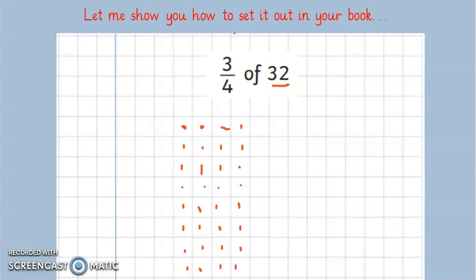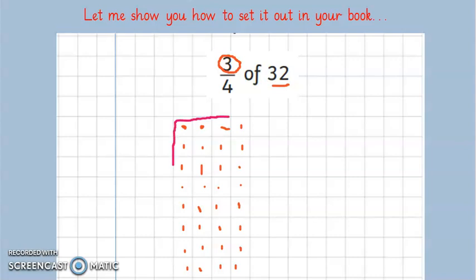So I've drawn out my counters. I think you'll do a much better job. Mine are a bit messy. And it says here that I want 3/4. Okay, so what I've drawn here is 4 quarters. Each of these columns is a quarter. So what I'm going to do is circle 3 of my quarters.